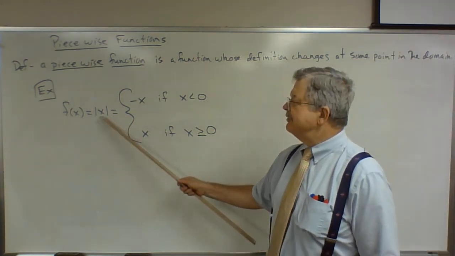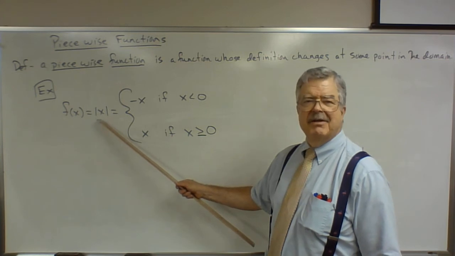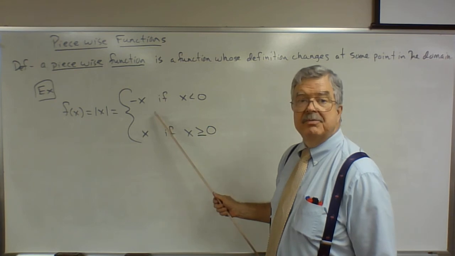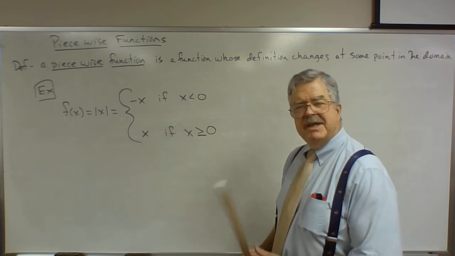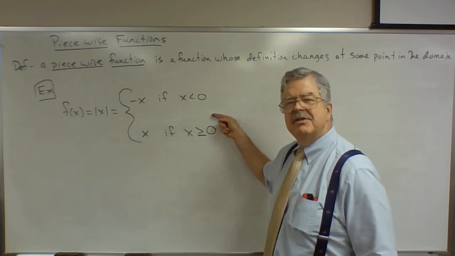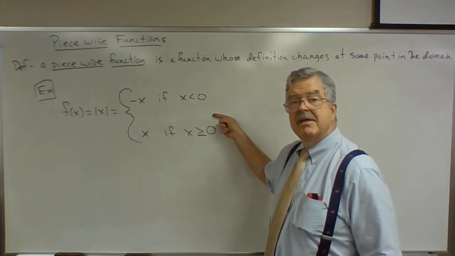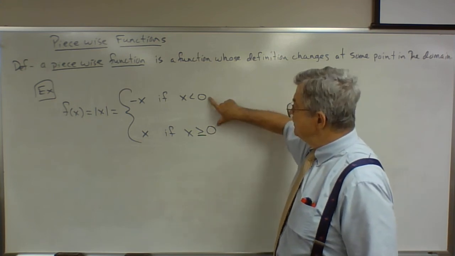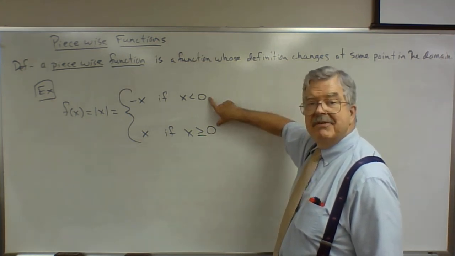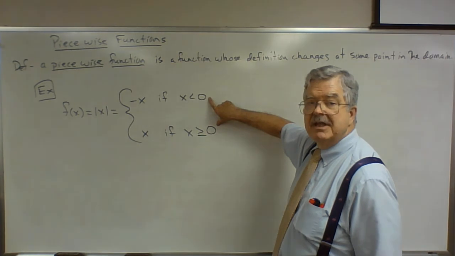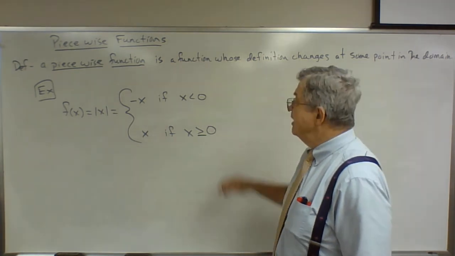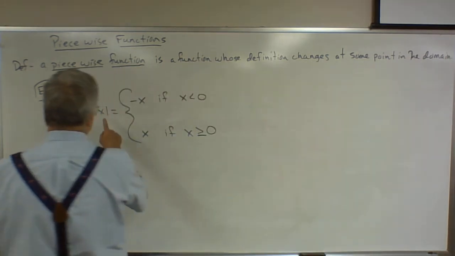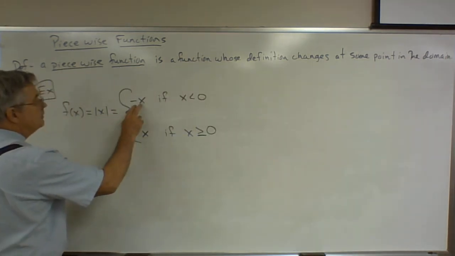We kind of sort of know what the absolute value of x is. Here's the definition. It's a piecewise function, which means that at some point in the domain, the definition of this function changes. And the point in the domain where the definition changes is x equals 0. If x is less than 0, then the absolute value of x equals negative x.